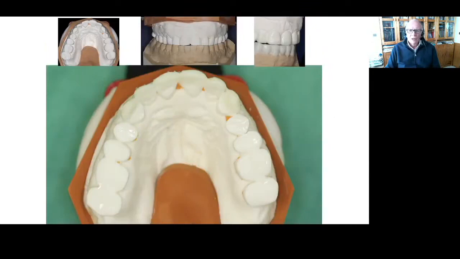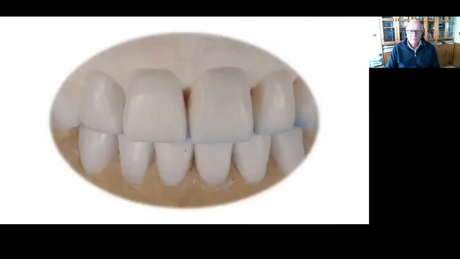After the mandibular anterior group, you can wax the buccal face of the maxillary anterior group. Nothing on the lingual is adjusted there. At this time of the wax-up, we have only the buccal face of the anterior group.